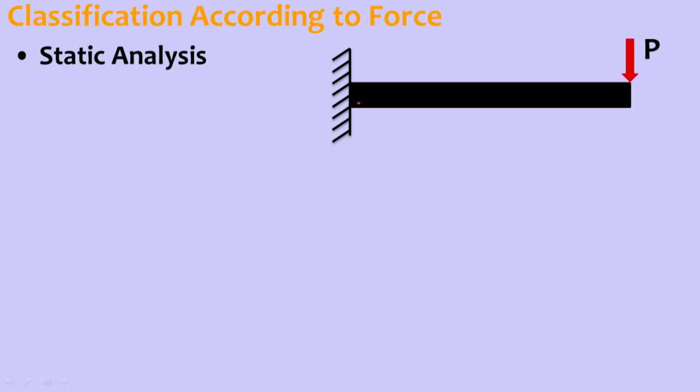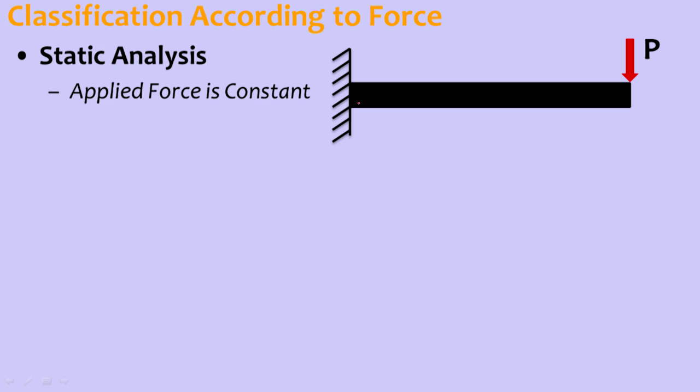If you increase the load, the deflection will be more. If you further increase the load, the deflection will be more. But for whatever amount of load you keep, the deflection will be constant there. Deflection is not varying. As long as the applied force is constant, the response of the structure, that is displacement, is constant because stiffness is a fixed quantity.